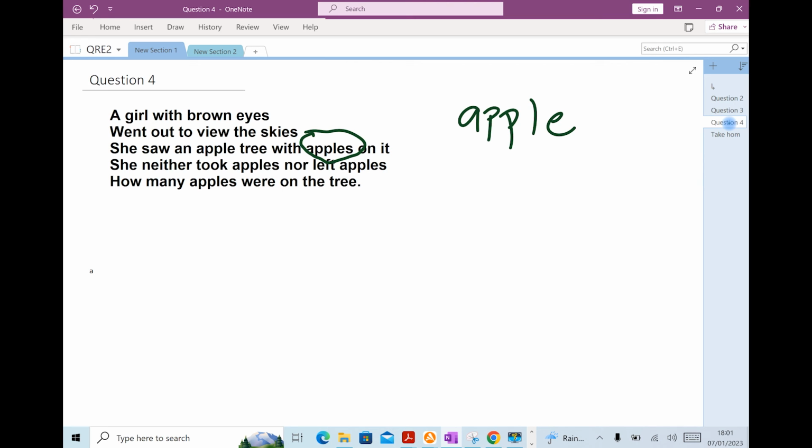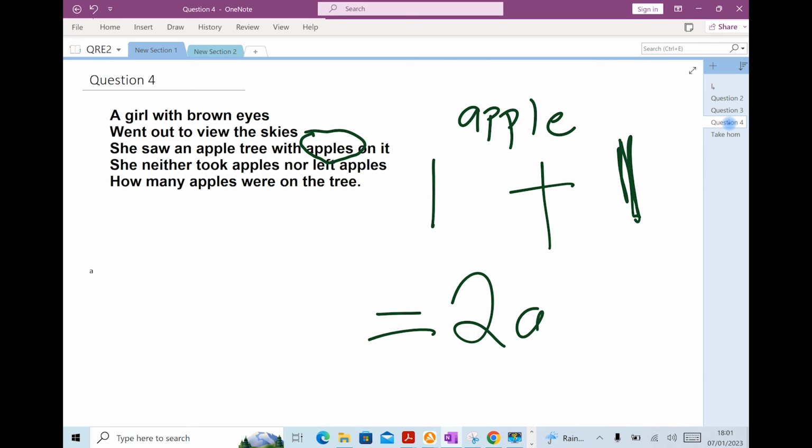And since she saw apples on the tree, it means there must have been more than one apple, which she must have left behind. Right. So since she didn't leave apples, it means it must have been one apple left behind. So if she took one apple and she left one apple behind, it means that there were two apples on the tree.